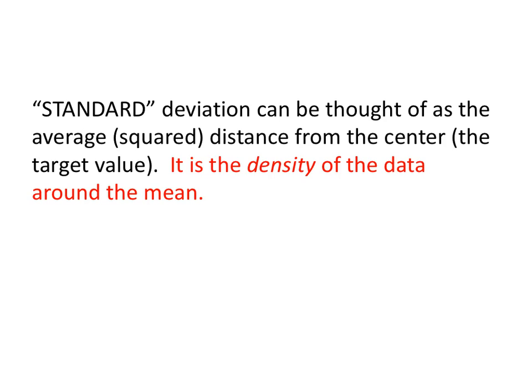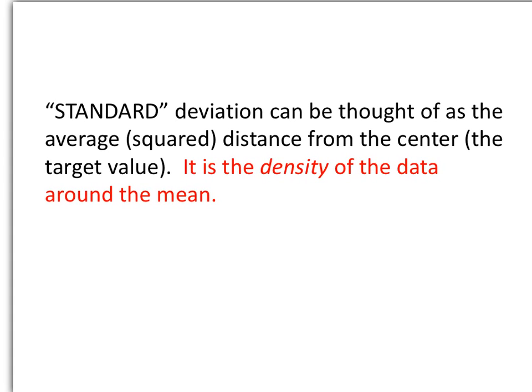Another way to think about the standard deviation is our average squared distance from our center, or the density of our data, how spread apart our values are, or how close together they are. So if you have a small standard deviation and it's symmetric, then your distribution curve will be a little bit taller and not so wide because your data values are all close together.